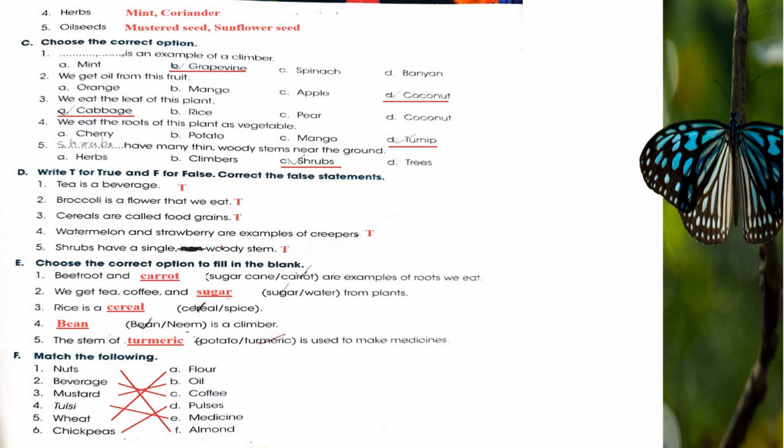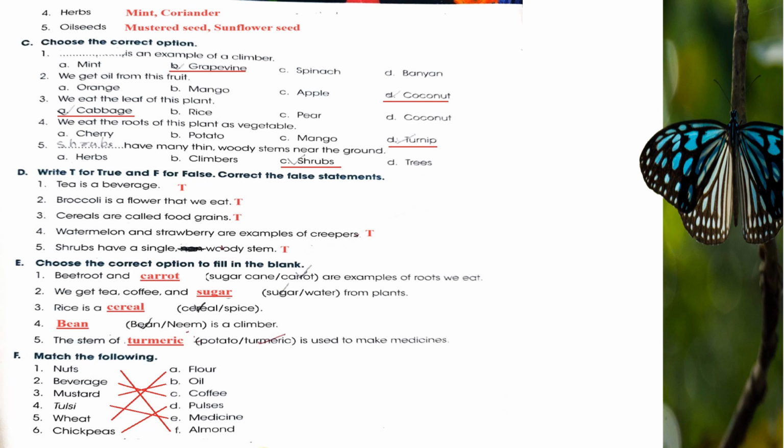Third, we eat the leaf of this plant. Options cabbage, rice, pear, and coconut. Answer is cabbage. We eat cabbage leaf of the plant. Fourth, we eat the roots of this plant as vegetables. Options cherry, potato, mango, and turnip.